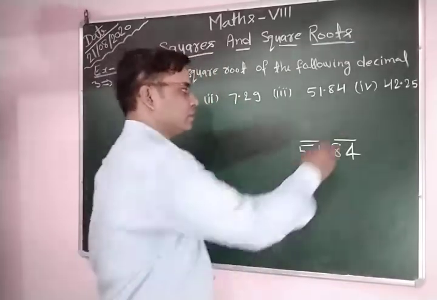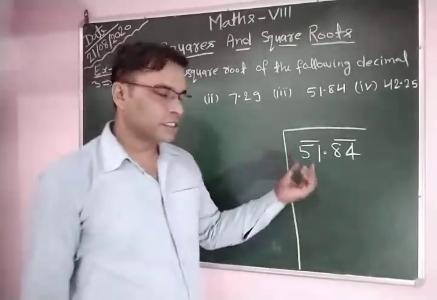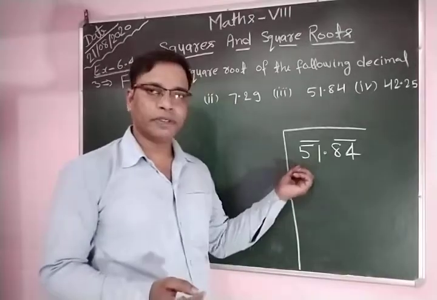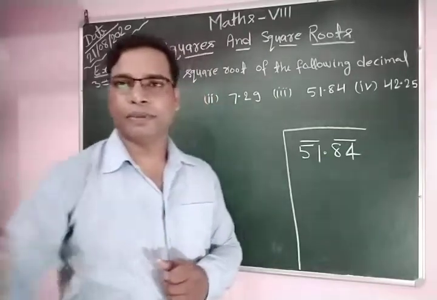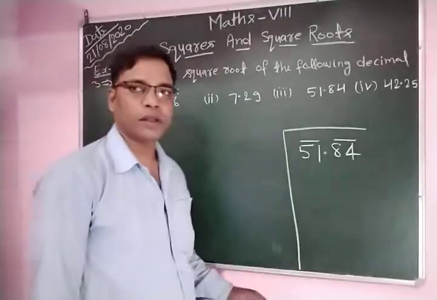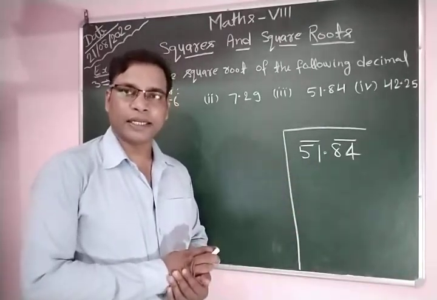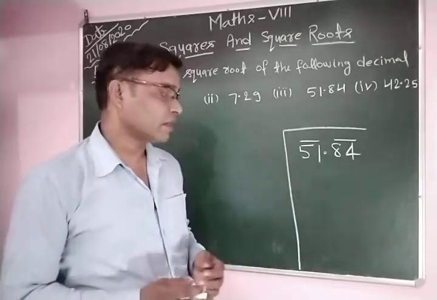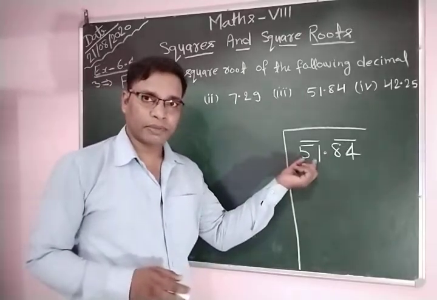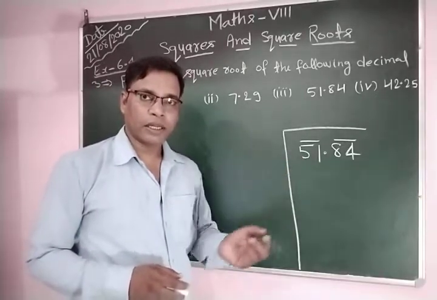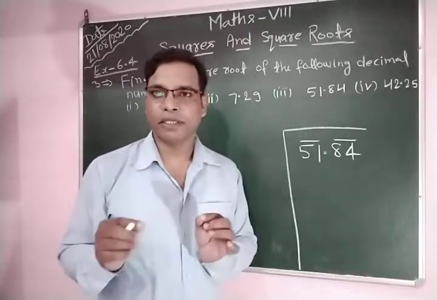Okay, so we will write like this. What is the extreme left pair? You can see here 51. We select a number whose square is less than or equal to 51. So if you take 6, the square of 6 is 36, the difference is so large.